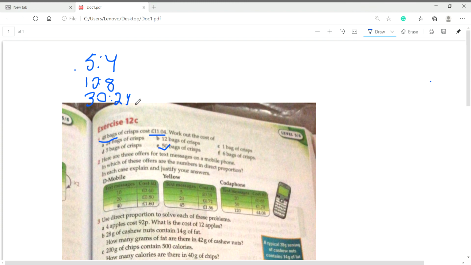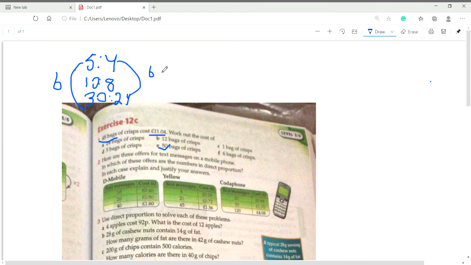This ratio is directly proportional, because if one of the quantities increases, the other one also increases, and it increases as much as the other one increased. I mean, if you increase 5 two times, you will increase 4 also two times. Or if you increase 5 six times, 4 will also increase six times.